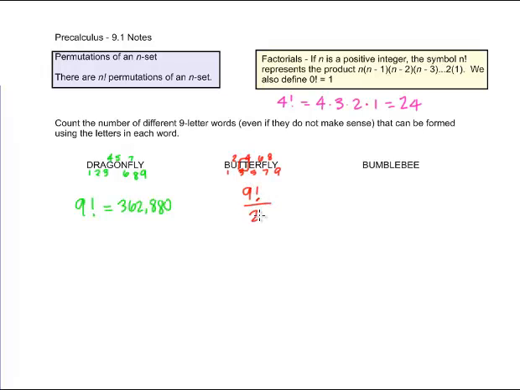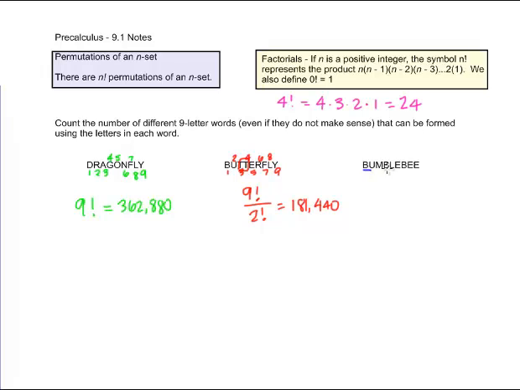Since 2 things are repeated, we're going to look at 2 factorial on the bottom. And when we do that math, we're going to get 181,440 different permutations of butterfly.